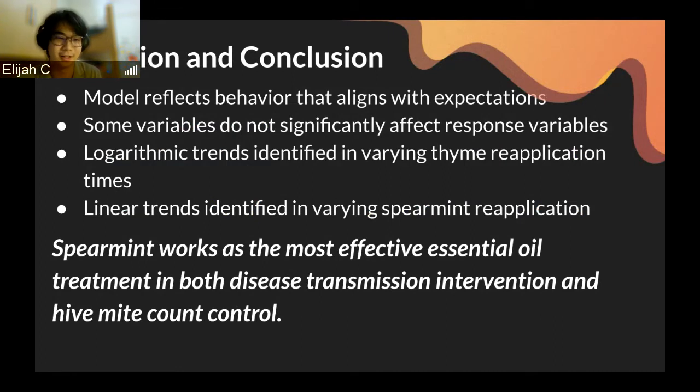First of all, through the linear trends that we found with the starting mite count, we found that our model somewhat reflects the behavior that we would expect in these kinds of biological systems, where if there are more mites introduced to the environment, then it makes sense that the total mite count and the total percent of bees sick would also increase linearly with that. In addition, we learned that some other variables like flower availability don't really affect any of the response variables at all.